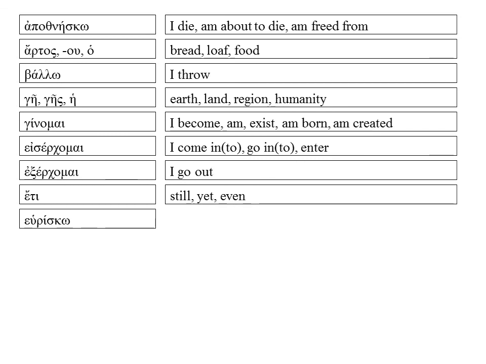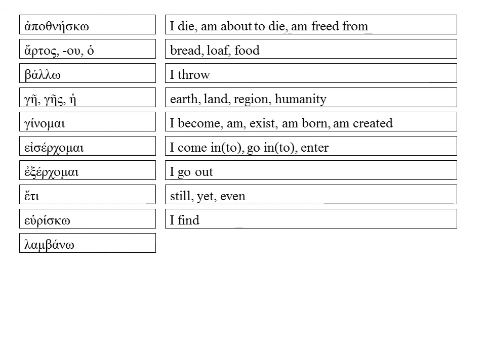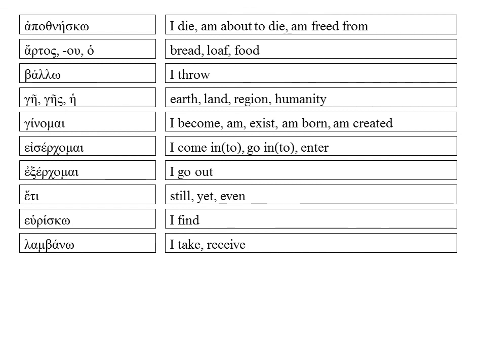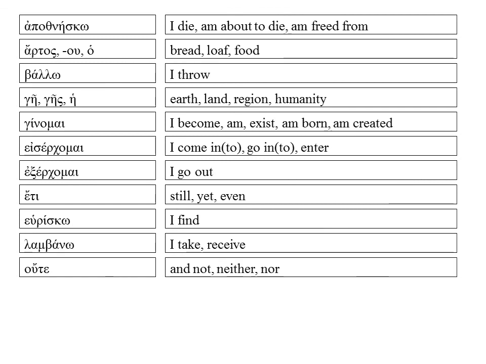Heurisko. Eureka comes from this. I find. Lambano. Know this one, second declension, I take or receive. Oute. And not, neither or nor.